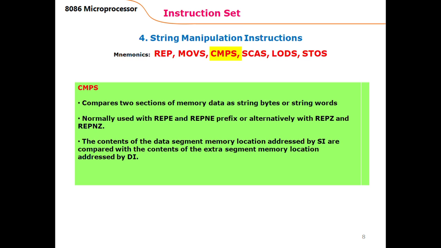Just like that, the CMPS instruction would compare data from the data segment memory location addressed by SI with the content of the extra segment memory location addressed by DI.